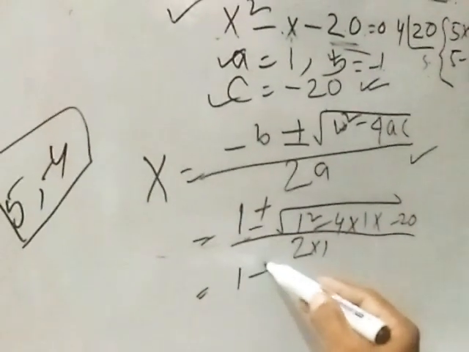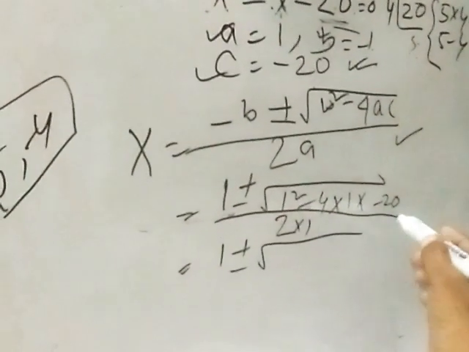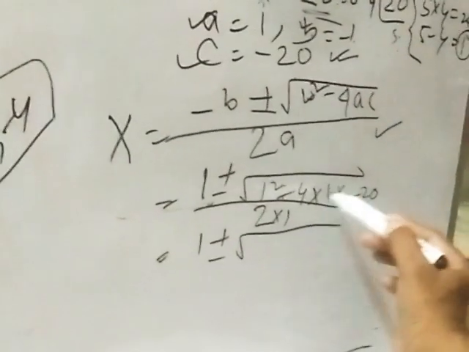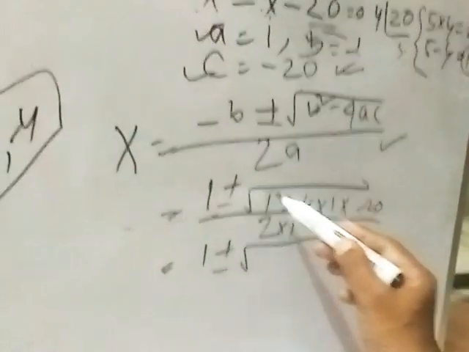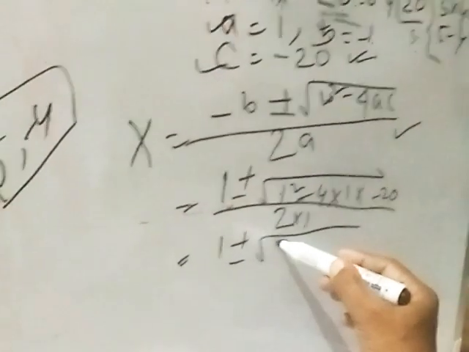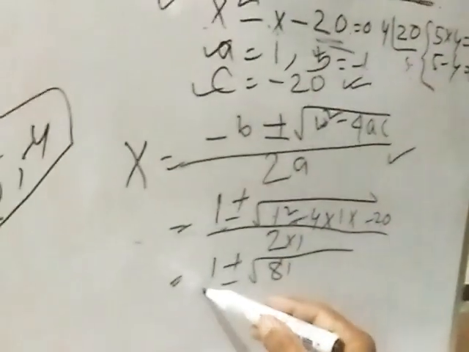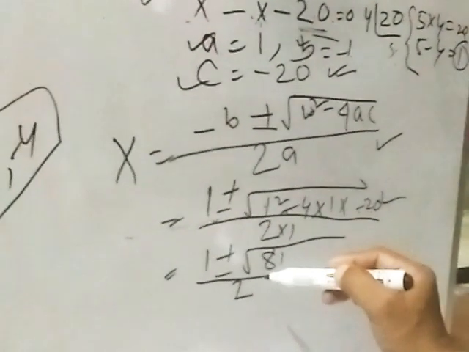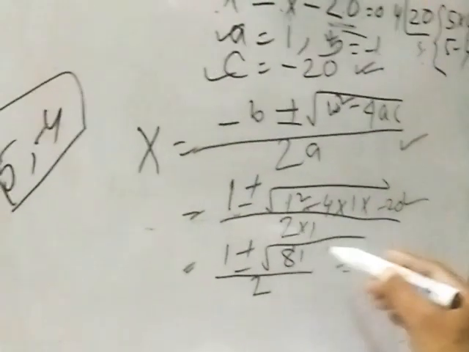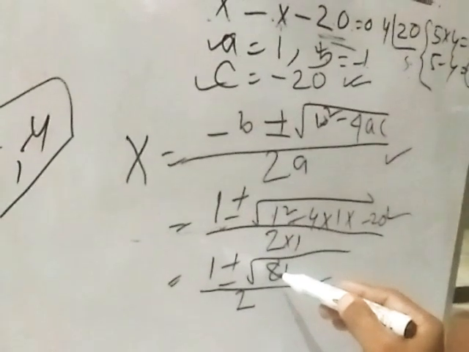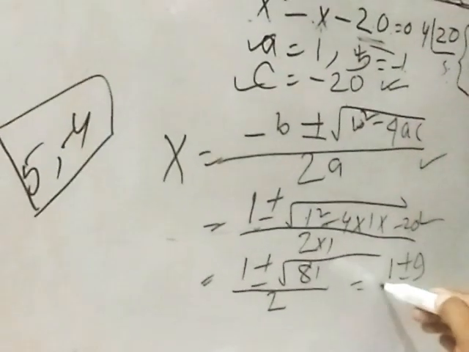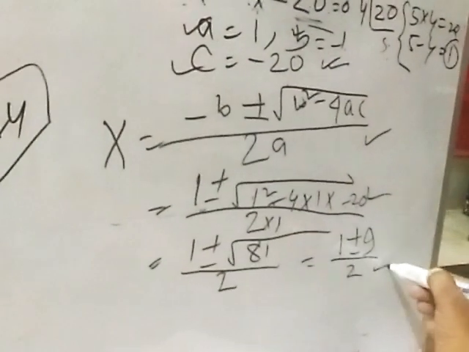So 1 plus minus root of, you look, minus minus plus, 20 multiplied by 4, 80 plus 1, 81. Very good. By 2. Up to this, any doubt? No. Good. What is the root of 81? 9. Good. So you have 1 plus minus 9 by 2.